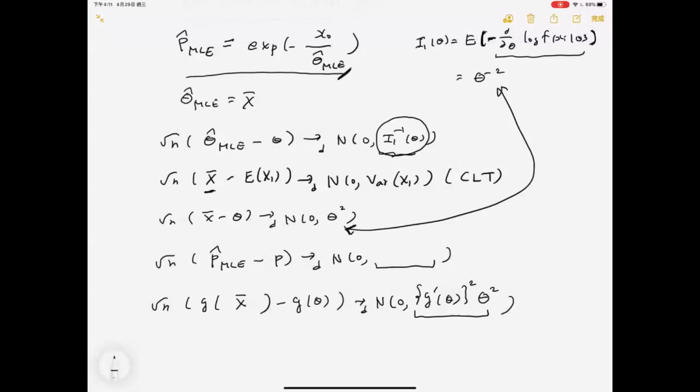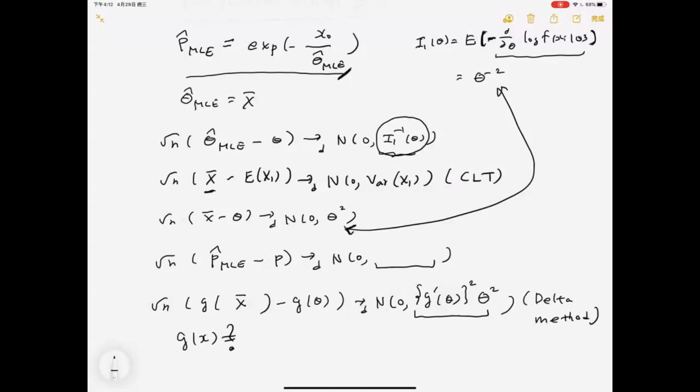Okay, so I will keep working on it, then taking the variance term right here as sigma squared. Okay, good. So what method is this? This is nothing but the delta method. So that means the goal is to find what the g function is. What g function could bring your theta to P?